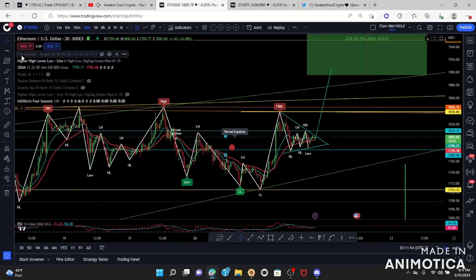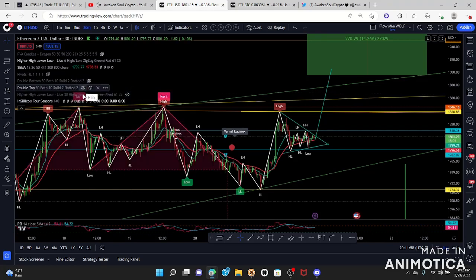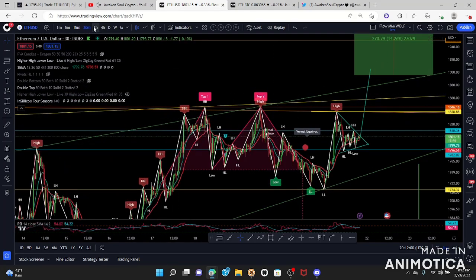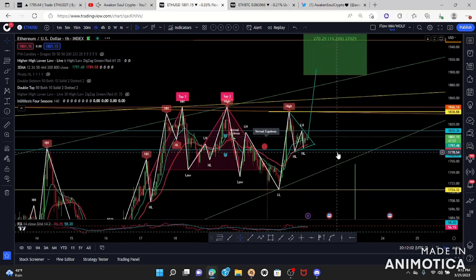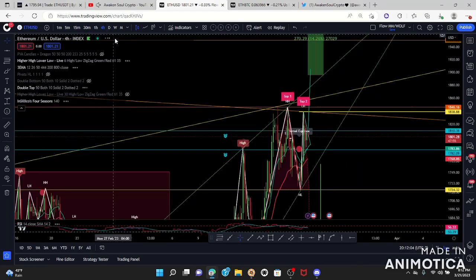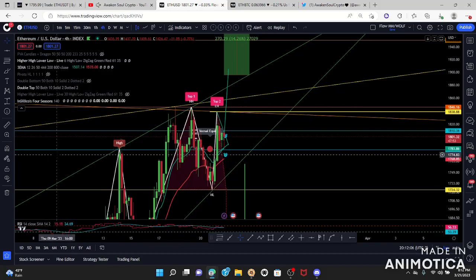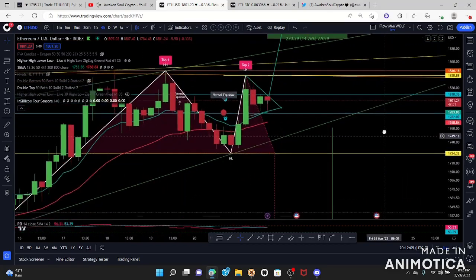There's another great indicator here, the double top that my friend just showed me. So we have some double tops being printed even in the 4 hour. That's pretty strong, right?